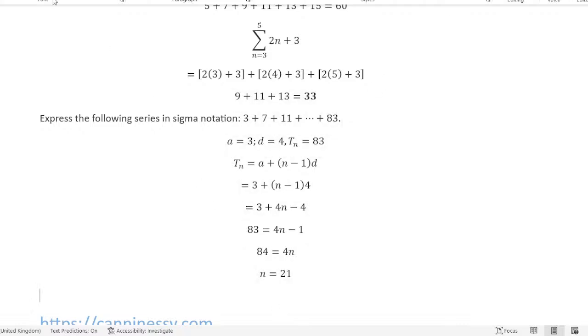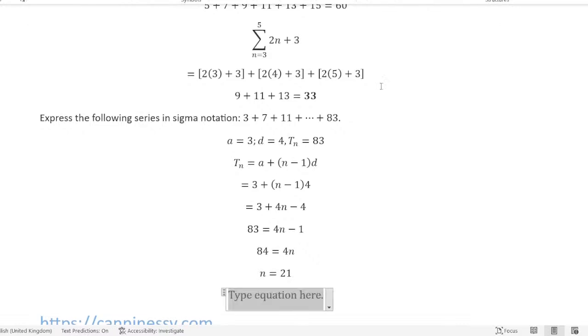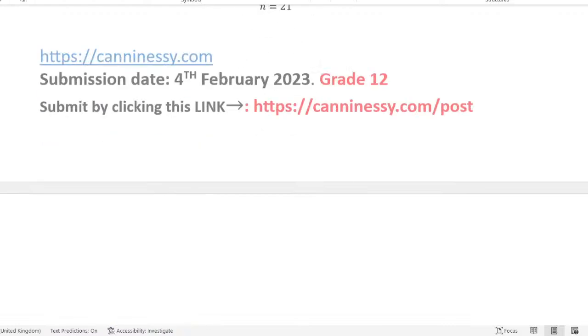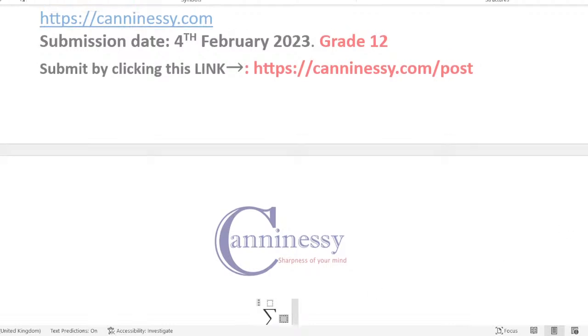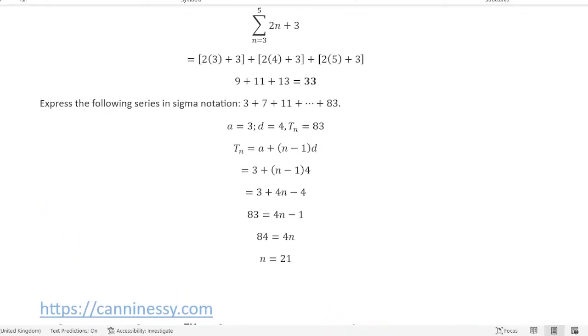So now let's write this in sigma notation. So here we have the value of Tn. What is our value of Tn? Tn is 4n minus 1.